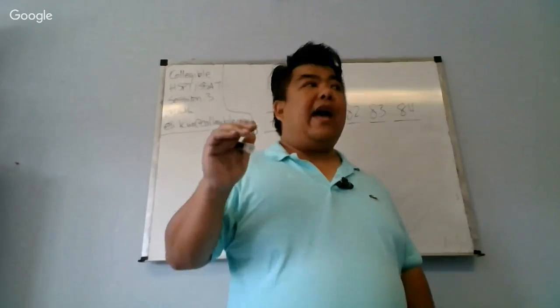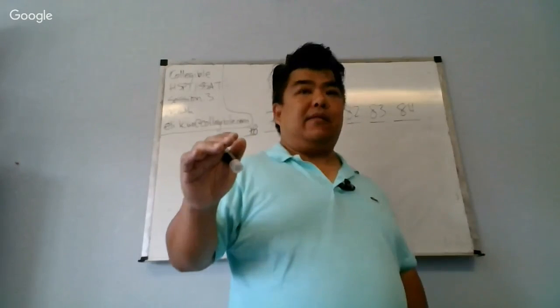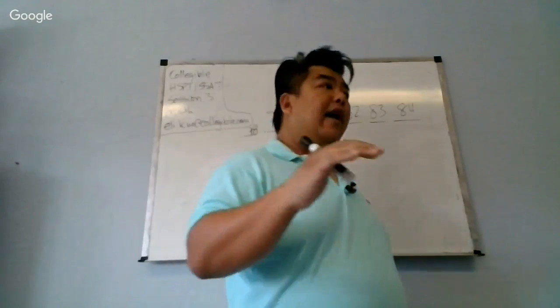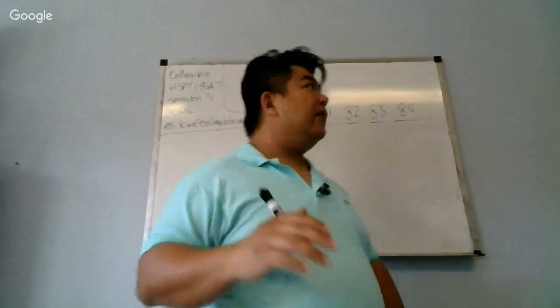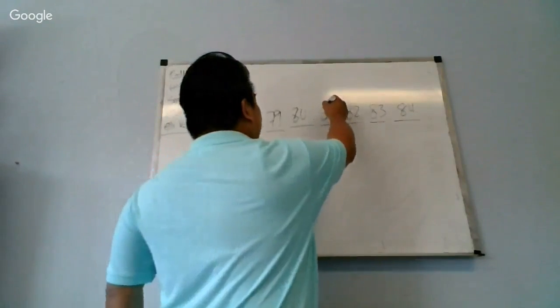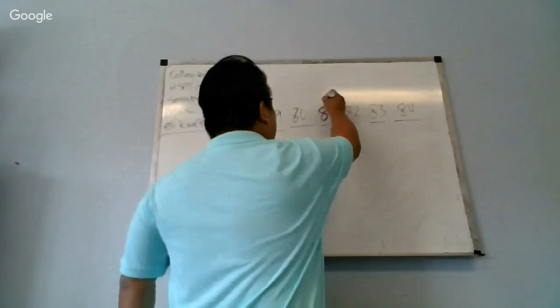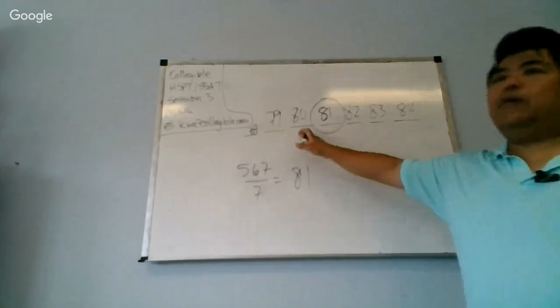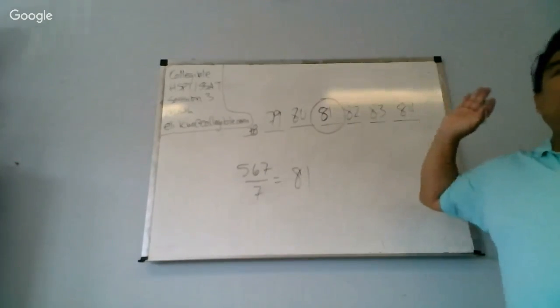That makes it way faster, because we don't have to add everything up. We don't have to divide by 7. We just look at the mean and the median. This is 81 right here, and we know that's the median because there's 3 below it, 3 above it.